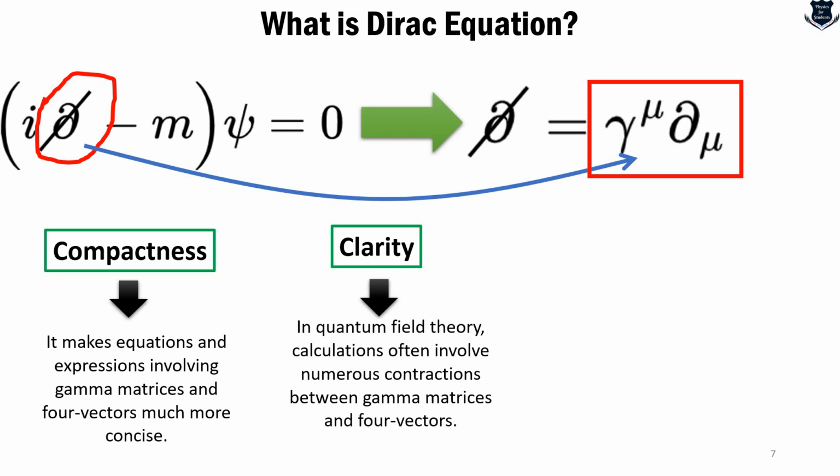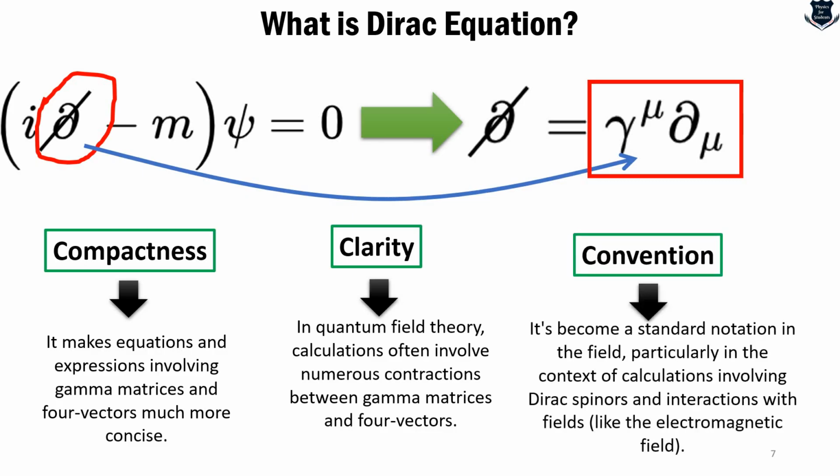There is clarity, because in quantum field theory, calculations often involve contractions between gamma matrices and 4-vectors, and the slash notation indicates that these contractions are happening without cluttering the equations with summation indices. And there is convention, because it has become a standard notation in the field, particularly in calculations involving Dirac spinors, as we will later see, and interactions with fields. This standardization helps physicists communicate complex ideas more efficiently.